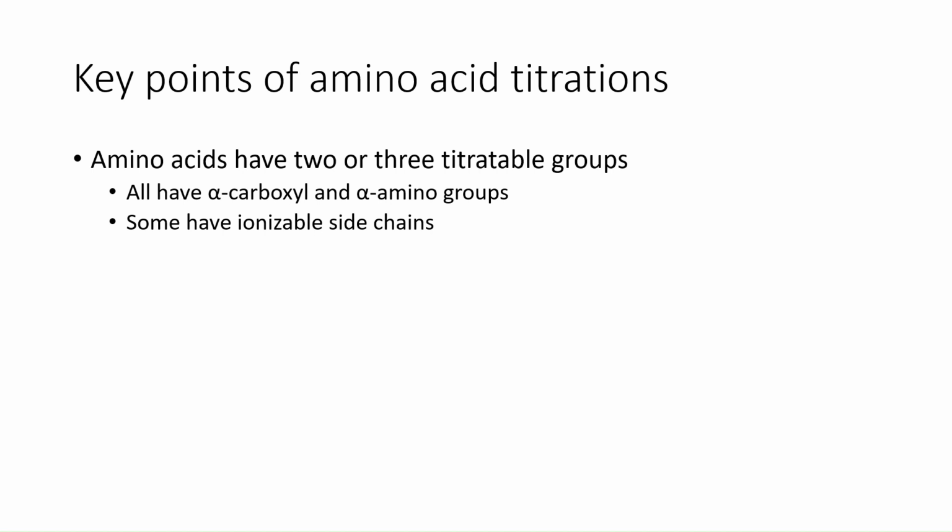All amino acids have an alpha carboxyl group as well as an alpha amino group, and those are the first 2 titratable groups. The third potential titratable group is from the side chain, but only some amino acids have ionizable side chains. Some, like the nonpolar side chains, are not titratable, but the acidic and basic ones and a couple of the polar ones do have titratable side chains.